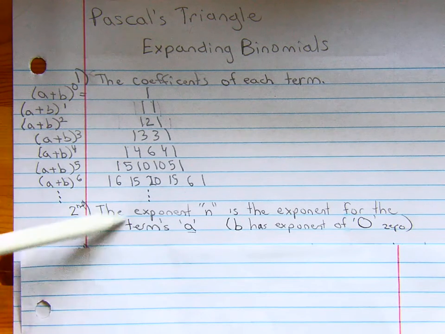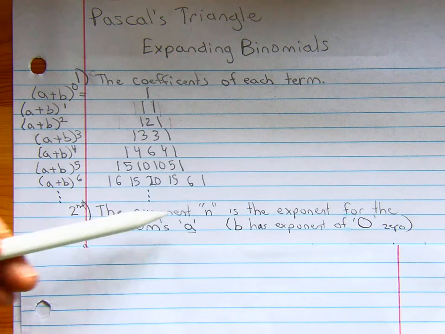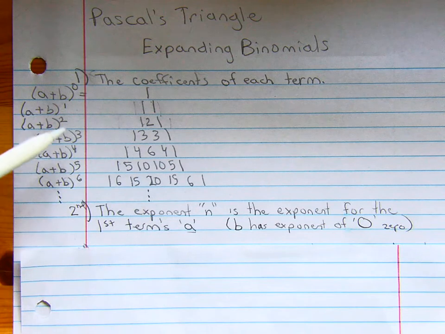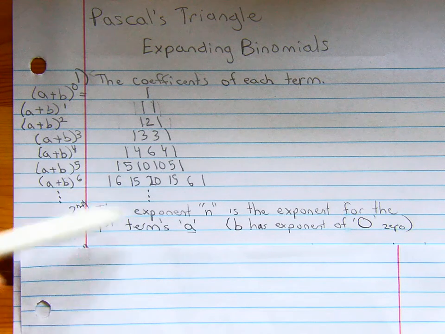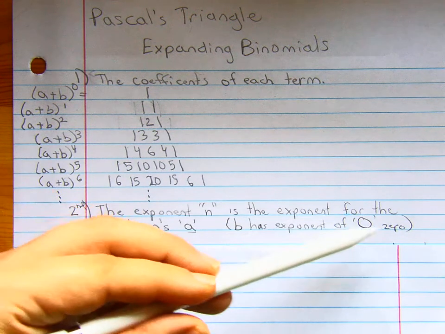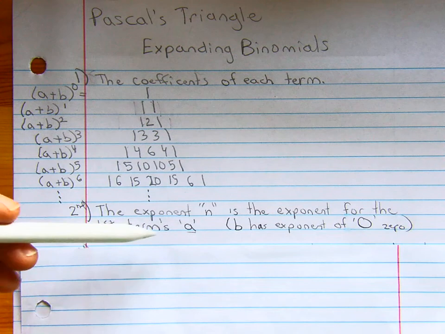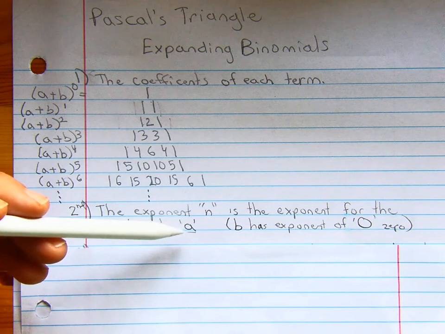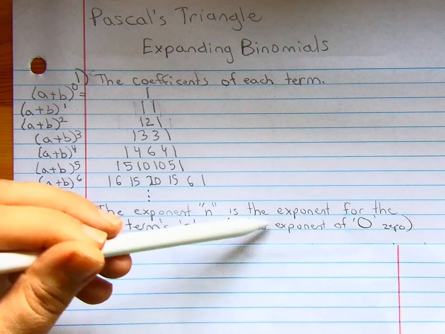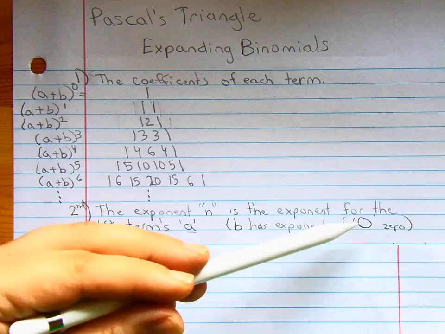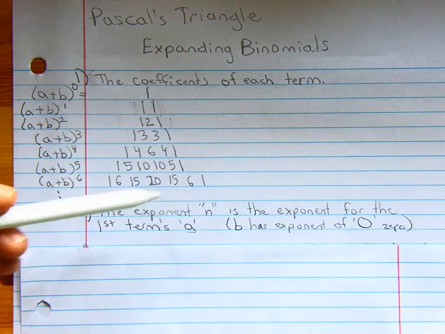So the second step is to acknowledge that the exponent, which is going to be noted as basically n, all of these guys over here, is going to be the exponent of the first term's a. Right? And b will have the exponent of 0 for our first term.